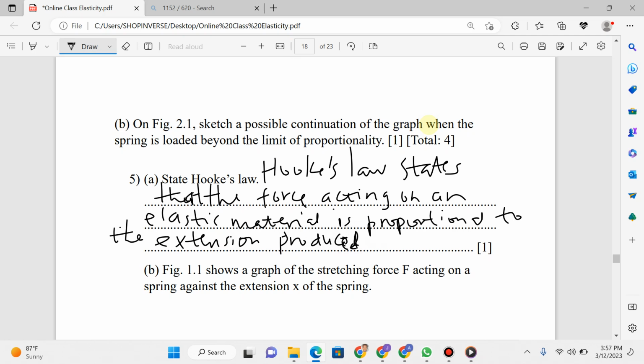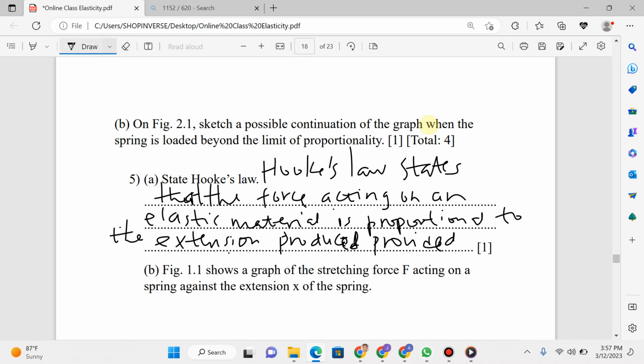Provided Hooke's law is not violated, that's all. But I wouldn't want to state it that way because the question says state Hooke's law.